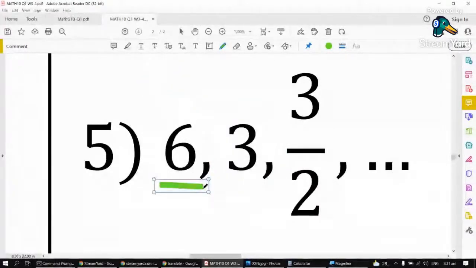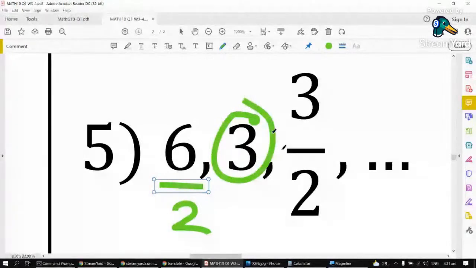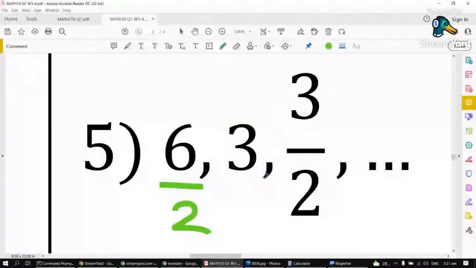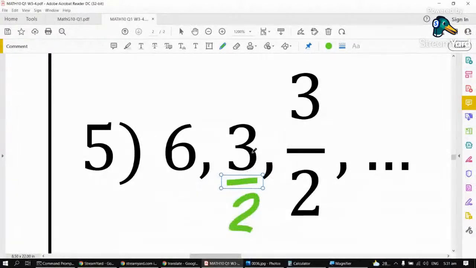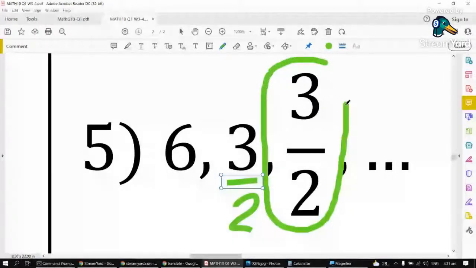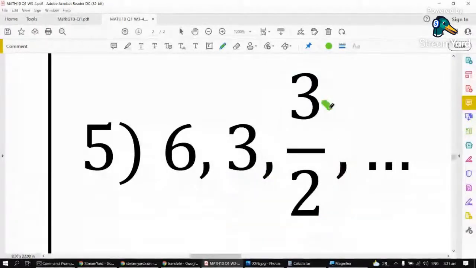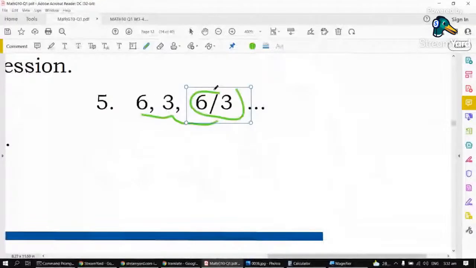So, 6 divided by 2 is equal to 3. Para makuha yung next term, itong 3 ay kailangan nating i-divide ng 2. 3 divided by 2 is 3 over 2. Hindi kayang i-divide ng 2 ang 3. So, ang third term is 3 over 2. So, ibig sabihin, mali itong 6 over 3 na to.